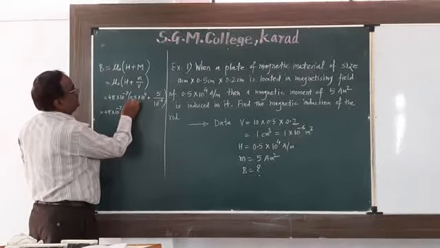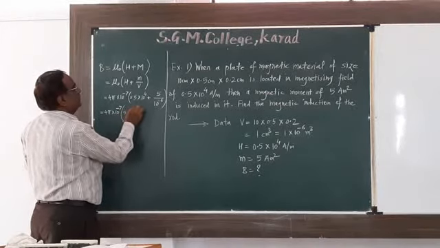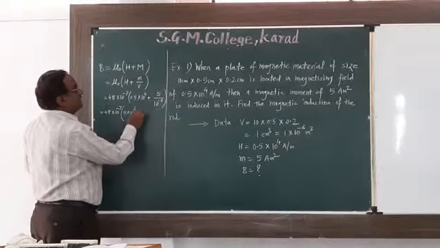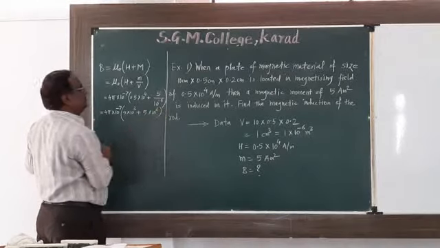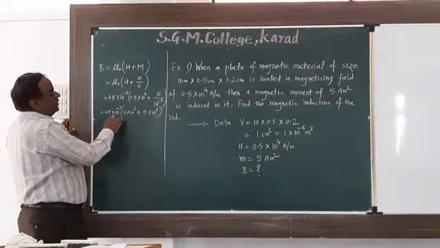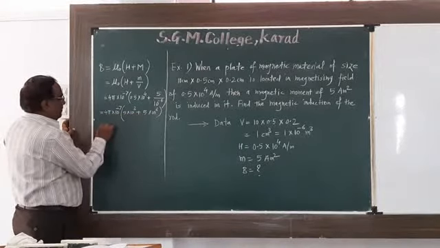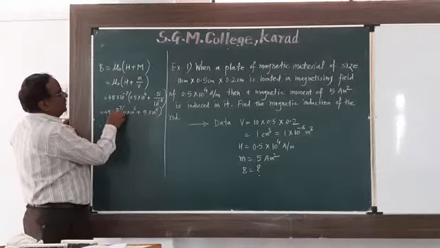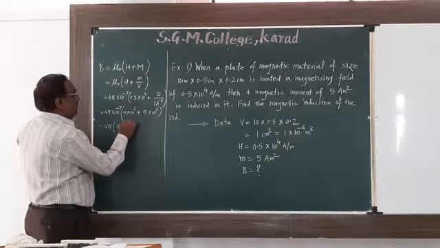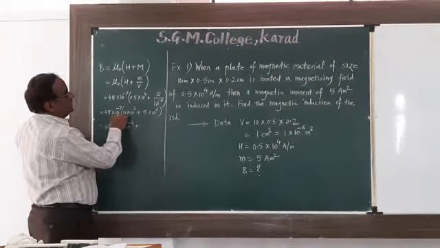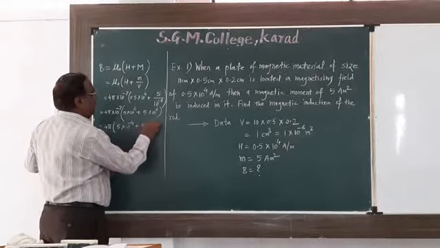We can shift the decimal point here; then this becomes 5 × 10³. 10⁻⁶ gives 5 × 10⁶. We will take this 10⁻⁷ inside this bracket. 4π × 10⁻⁷ × 10³ means 10⁻⁴, plus 10⁻⁷ × 10⁶, which is 10⁻¹.